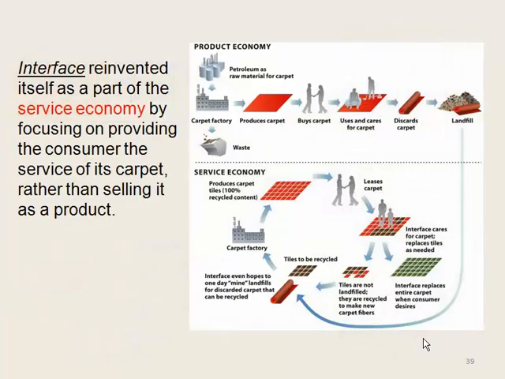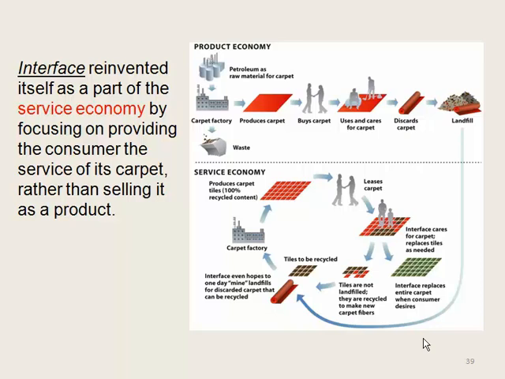But that's not all. They went from being a purely product-oriented producer to more of a service economy by changing the way they focused on the consumer and the way they provided their product and services to the consumer. Their original model as a product economy took predominantly petroleum as the main raw material for their carpet products.